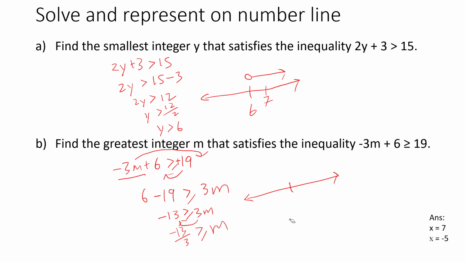Now, here is where I would say that in this case, if you give him a mixed number, it's actually easier because the greatest integer will just be down here and I know it is negative 5. That's why the answer is negative 5.